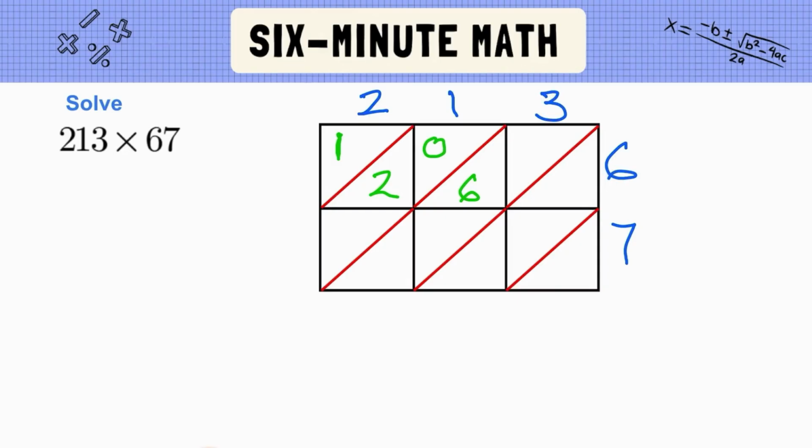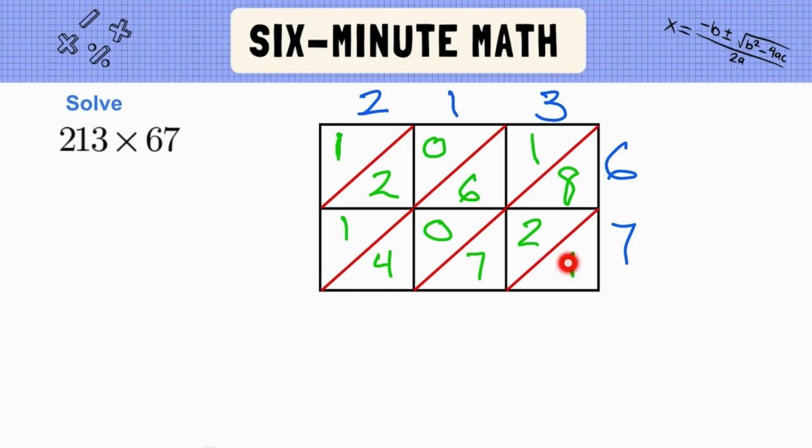And 3 times 6 is 18. 2 times 7 is 14. 1 times 7 is 7. And 3 times 7 is 21.